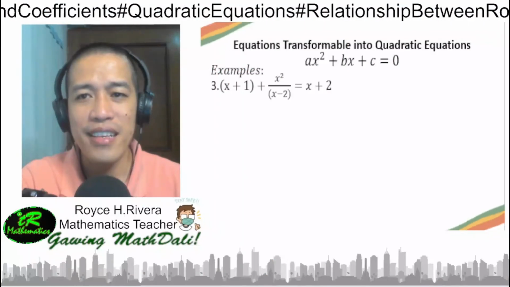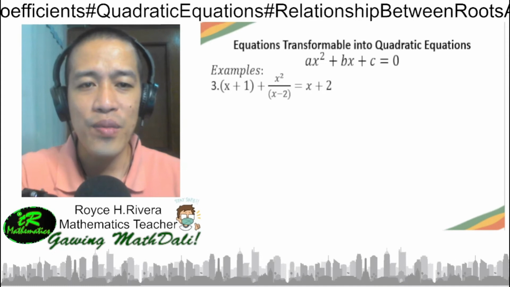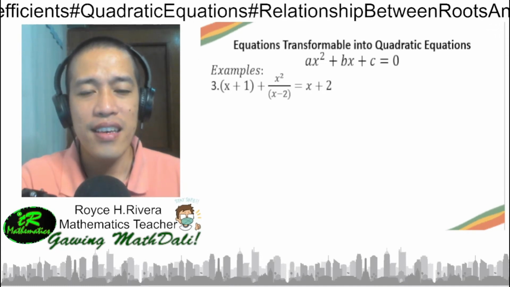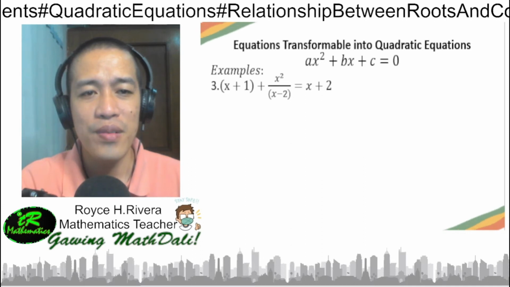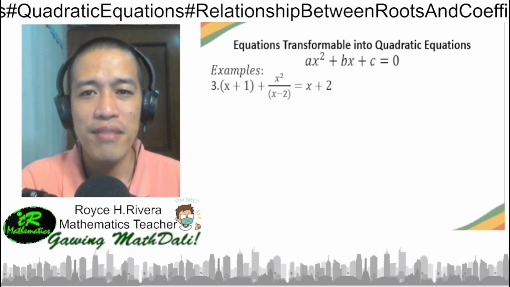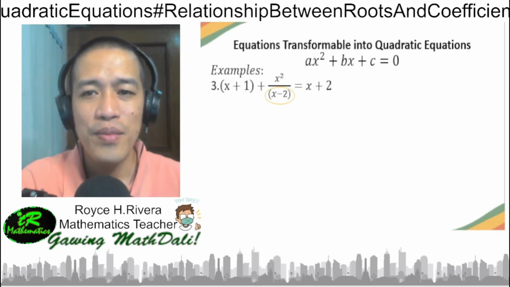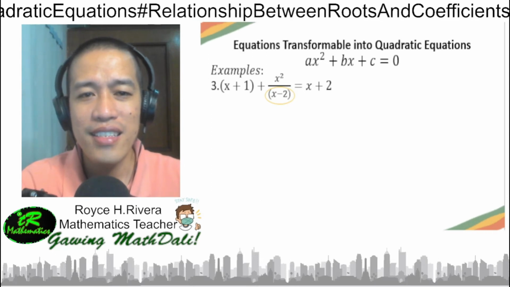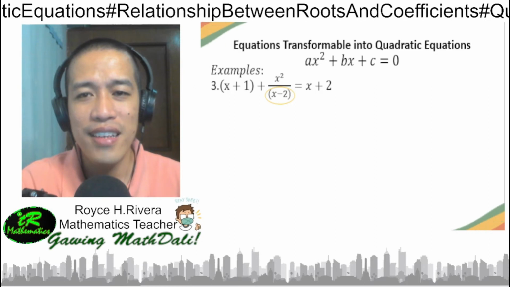Example number 3. The given equation is the quantity x plus 1 plus x squared over x minus 2 equals x plus 2. To transform this into a quadratic equation, we need to multiply x minus 2 to both sides of the equation.